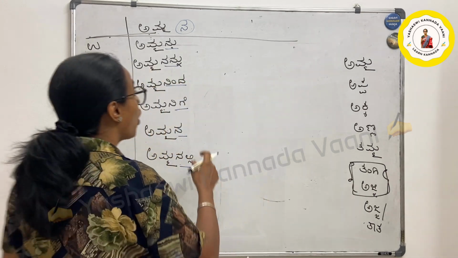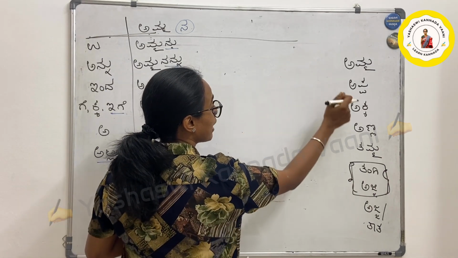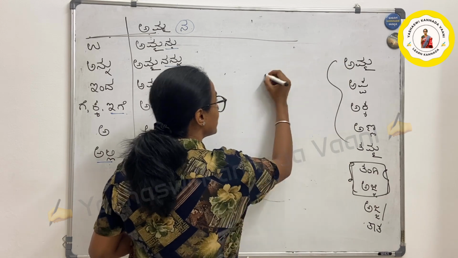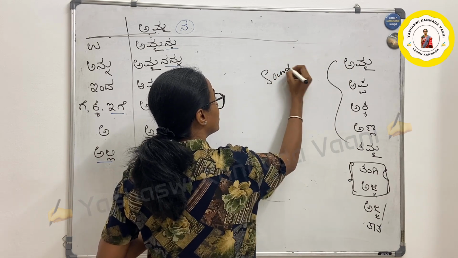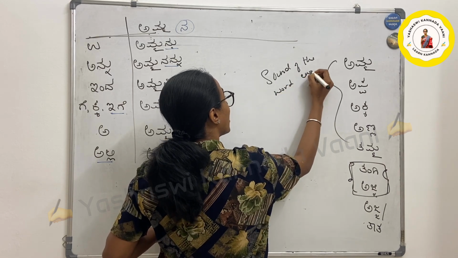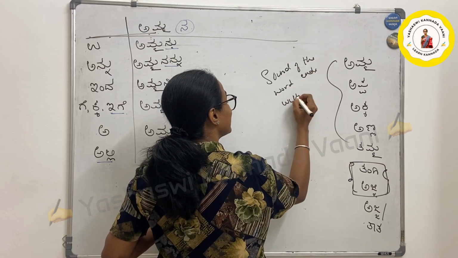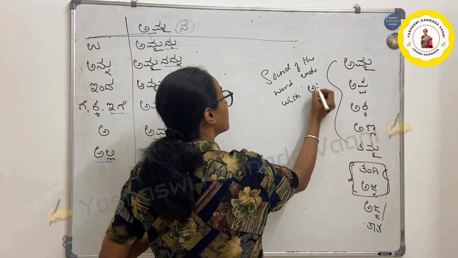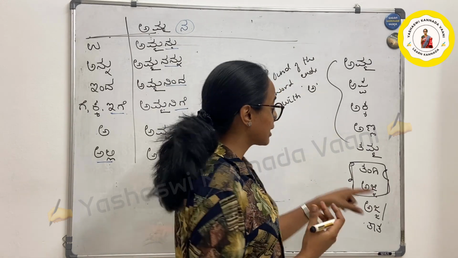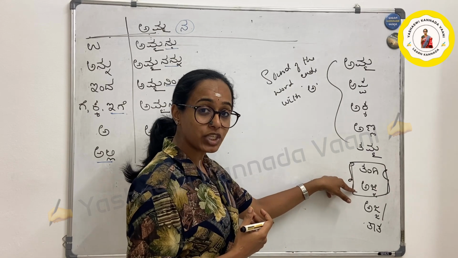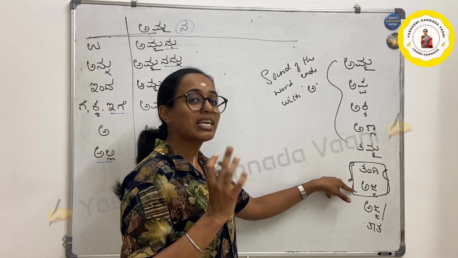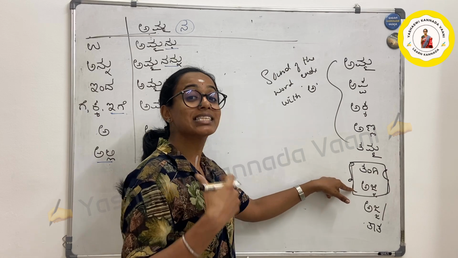If you observe all these words, amma, appa, akka, anna, tamma, ajja, tata, the word ends with an a sound. Amma, a, appa, a, tamma, a. But in the case of tangi and ajji, the word ends with the letter sound e. So it's quite different. We'll look into that difference in the next class.